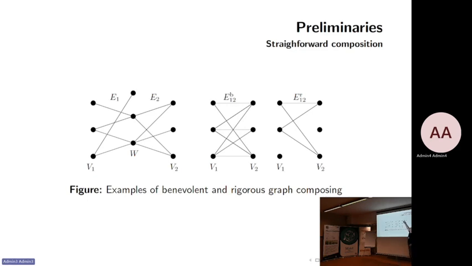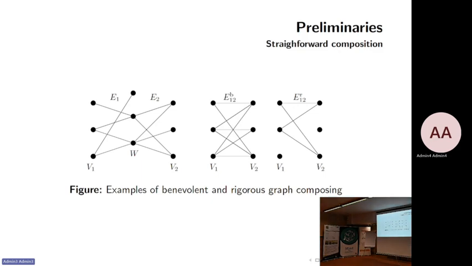This is the rigorous approach we have used, and then there is another, the benevolent approach. We say we link together if some path can be built from one to the other. There is nothing new here, simply restating what is known.